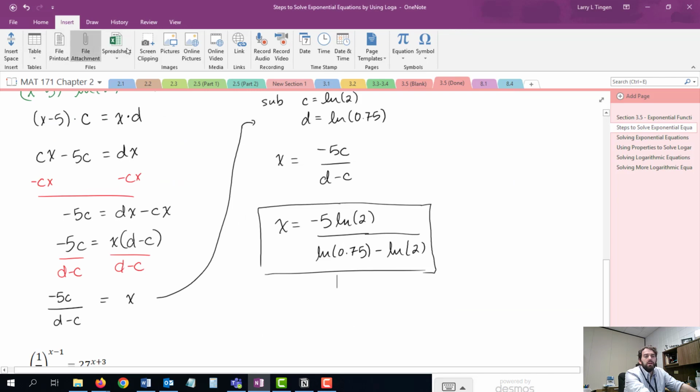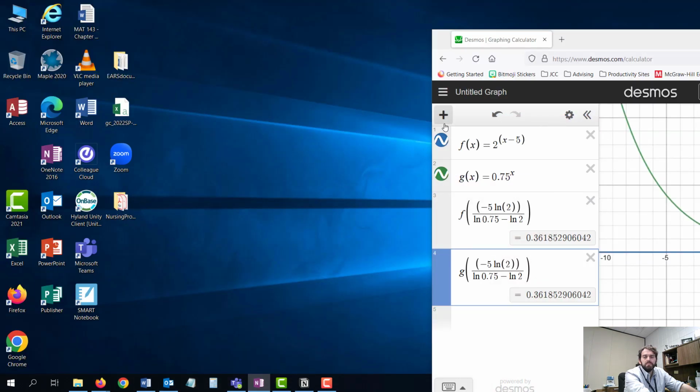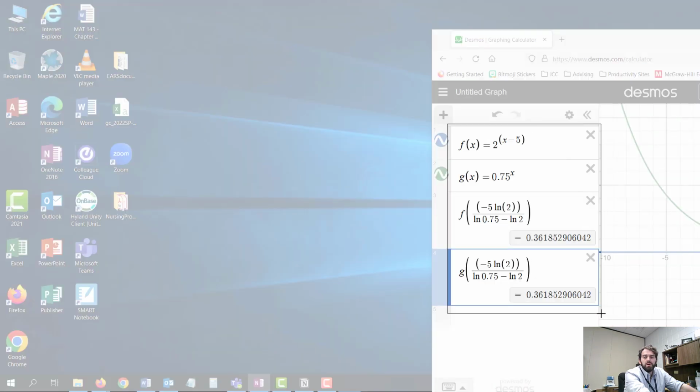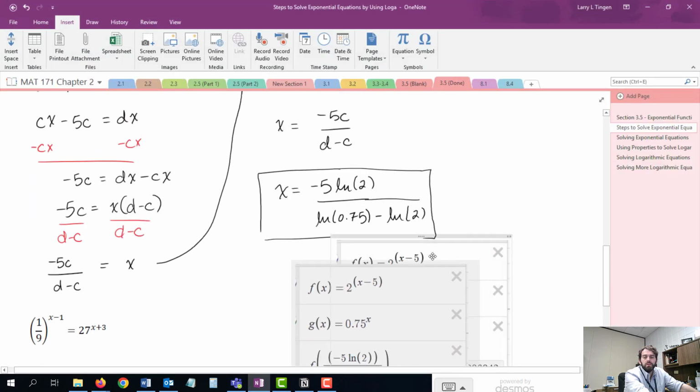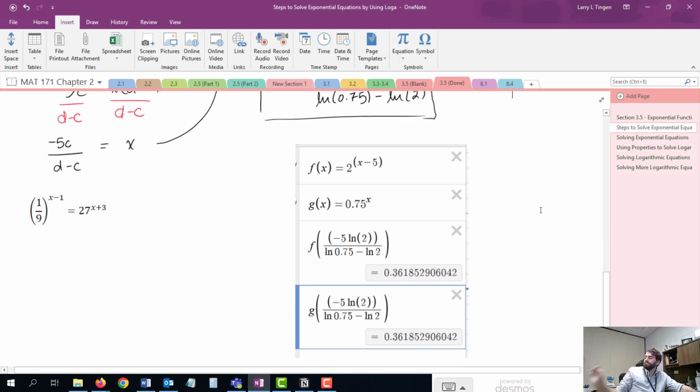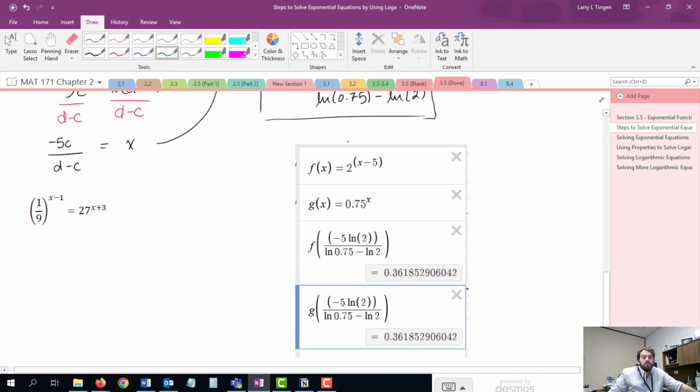So let's grab that screen clipping to prove our work. And then this is the check in Desmos.